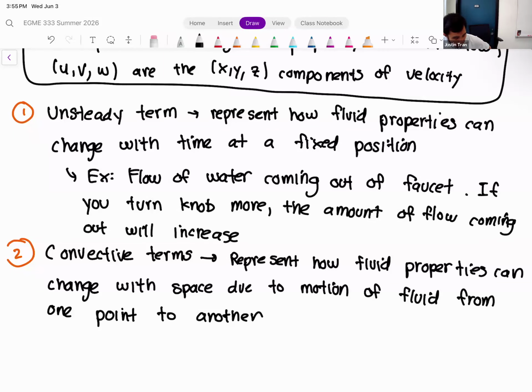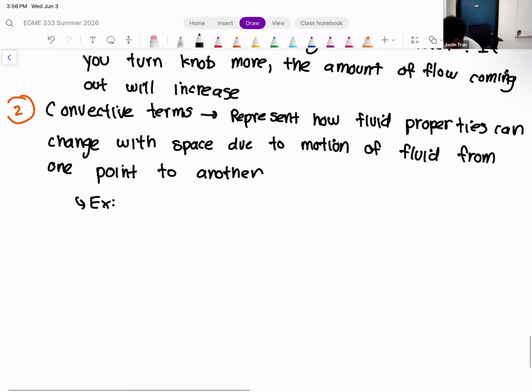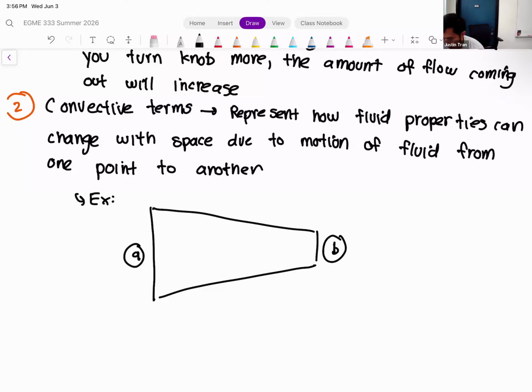All right. So we've already seen an example of this. We saw an example of this yesterday, actually. If you look at our converging nozzle here, and we consider two different locations, location A and location B, one at the inlet of the nozzle, one at the other end.